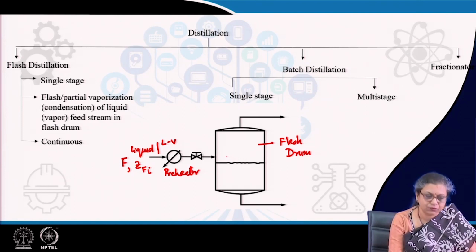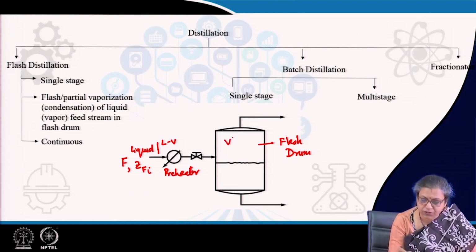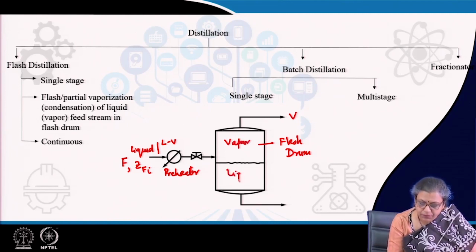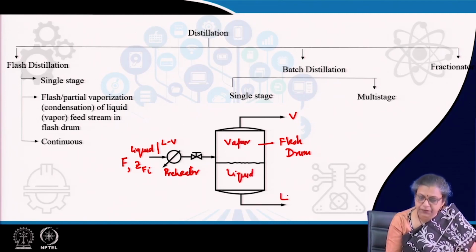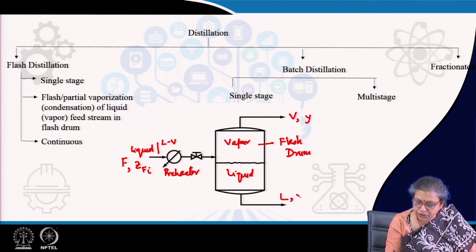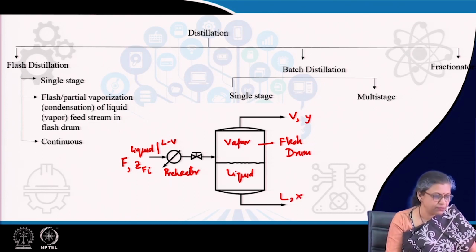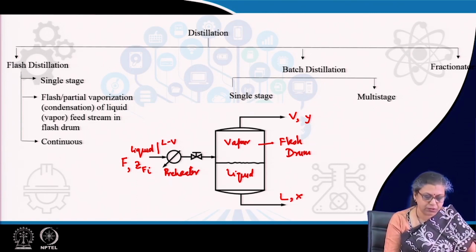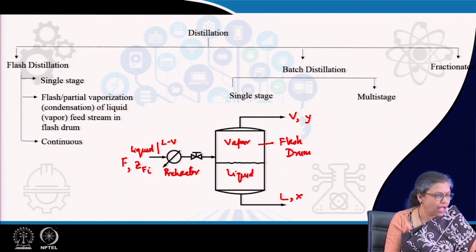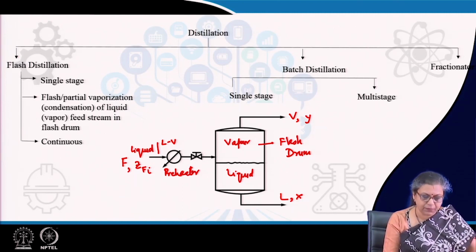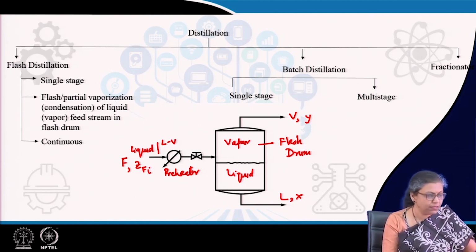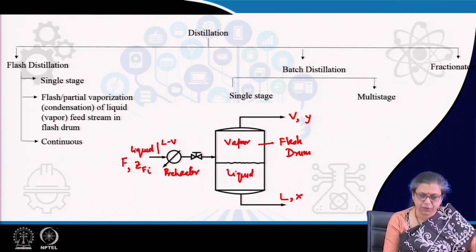Naturally it is under saturated conditions, and here in the flash drum it separates into two phases, the vapor phase which goes out and the liquid phase which is drawn out from the bottom. The composition of the vapor phase is denoted by Y. The composition of the liquid phase is denoted by X. This particular process is always continuous, and this is the process that we use, right.